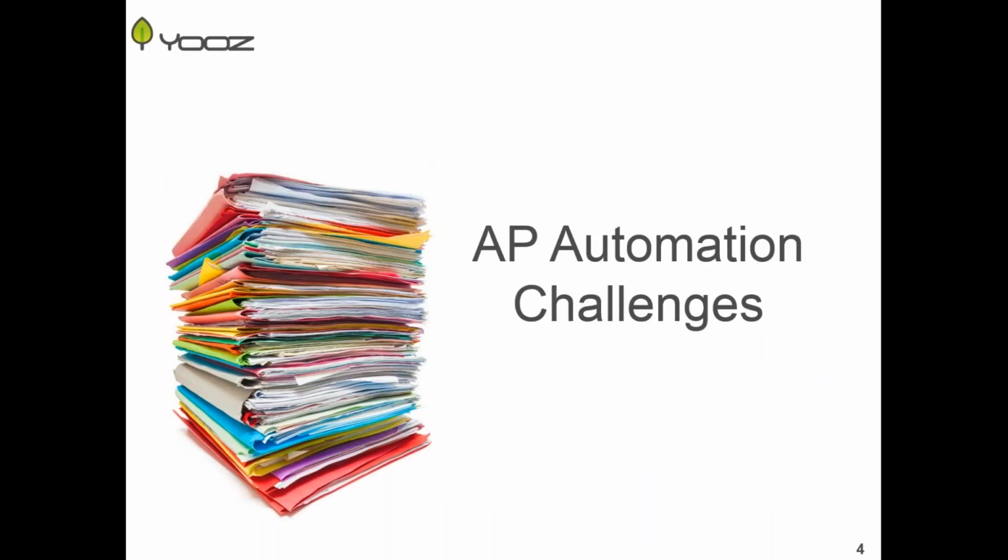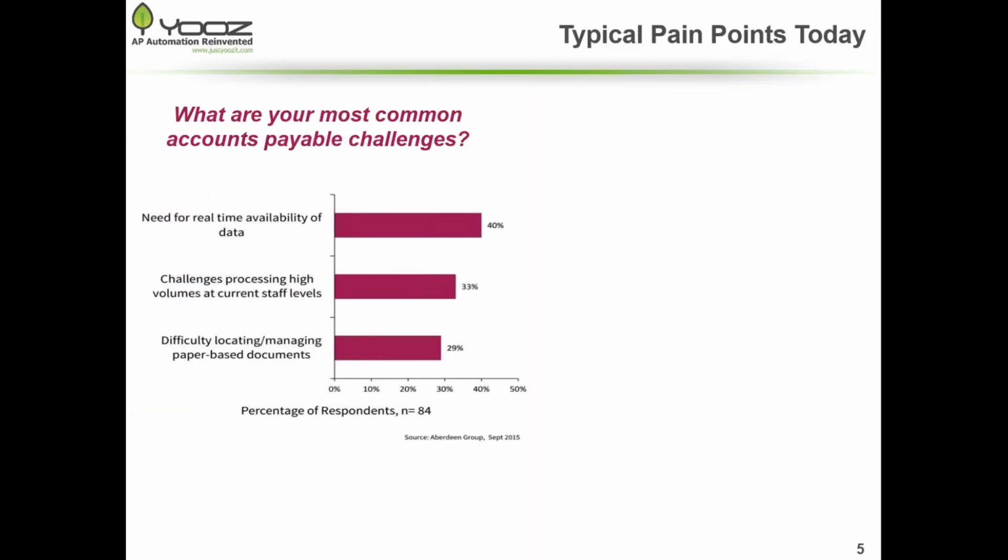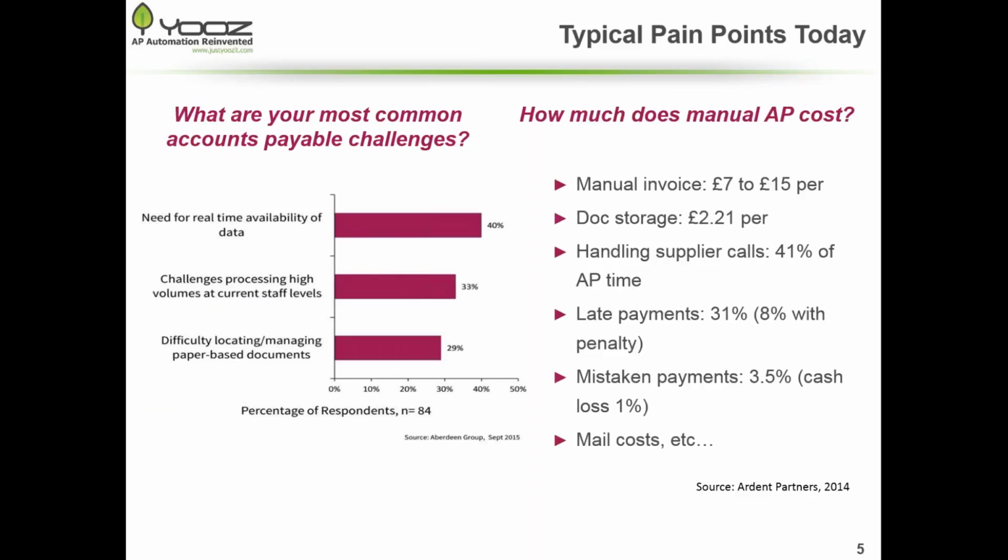So let's start with the current challenges in a paper-based manual process. Typical pain points today. Most of the pains are usually well known. You can see some up on your screen here, but their financial impact is very often underestimated or not even estimated at all.